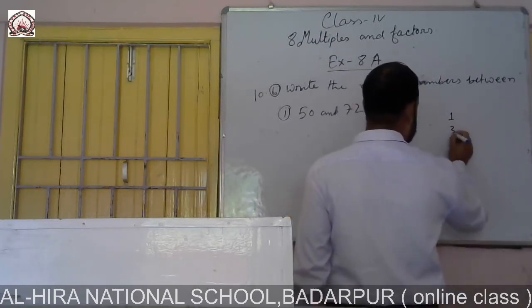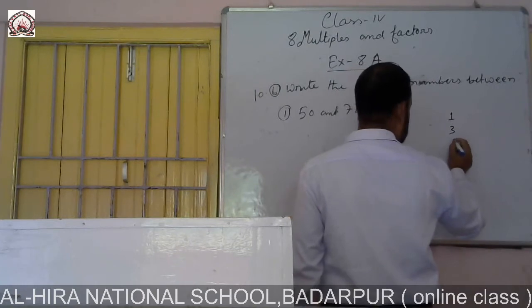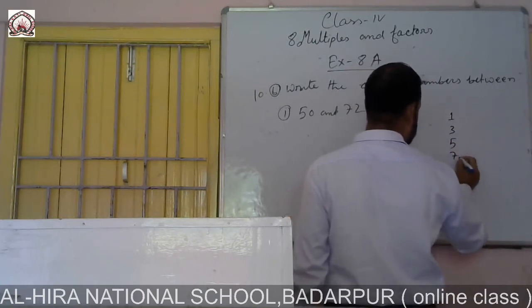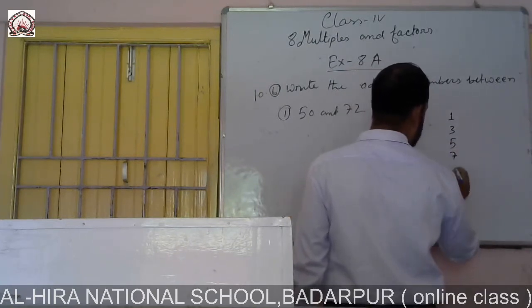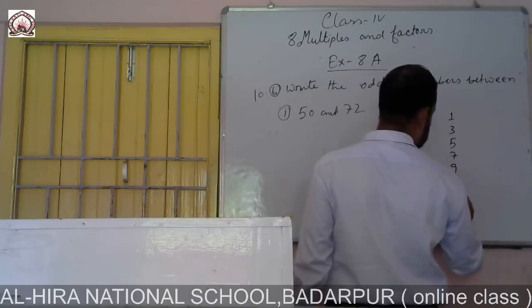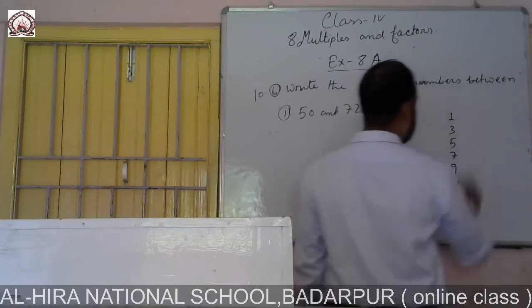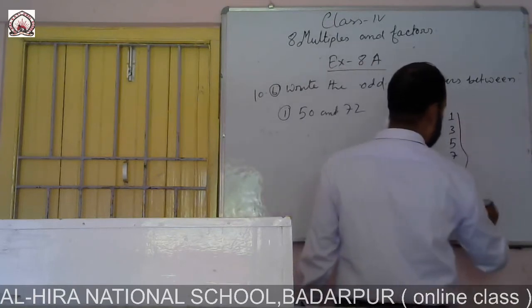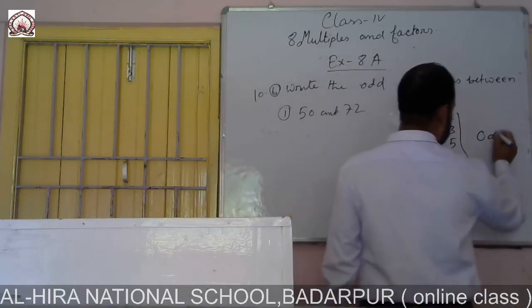Then 3, 5, 7, 9, 11, 13. These are odd numbers.